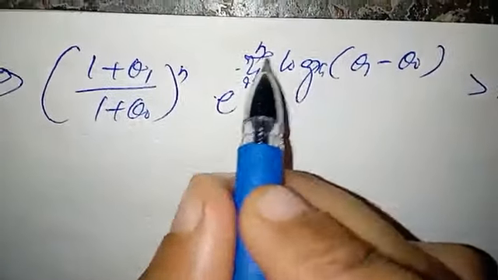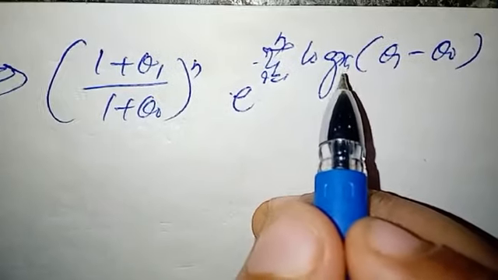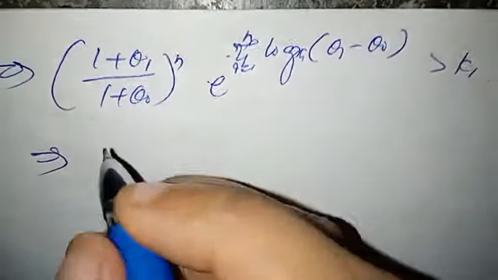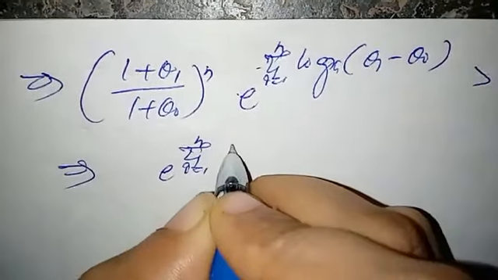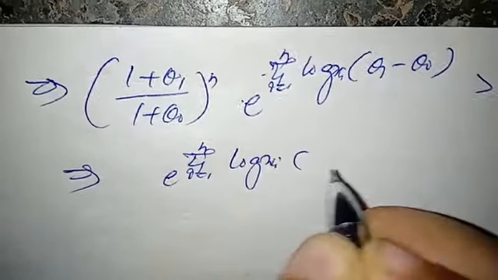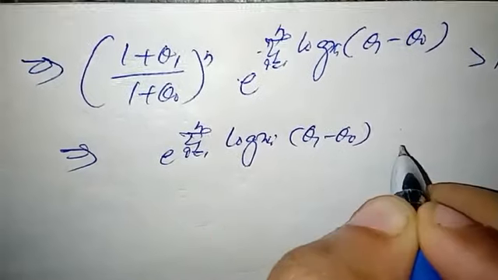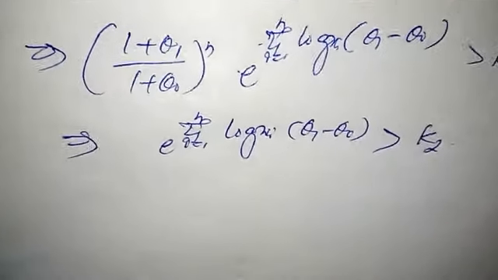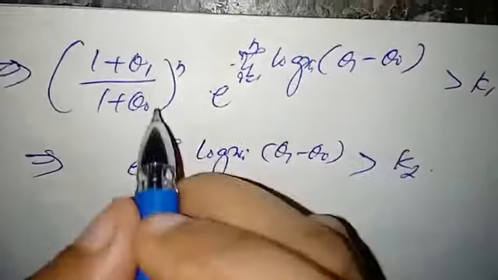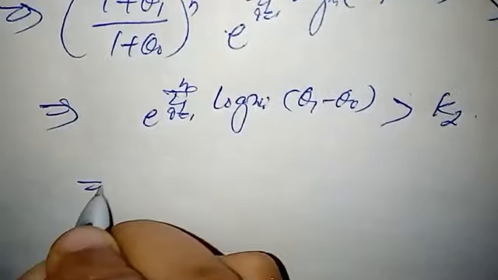Here the function of the random variable is the summation of log xi. For that, e^(Σ_{i=1}^n log xi (θ1 − θ0)) is greater than k2, where k2 is equal to k1 divided by this term.